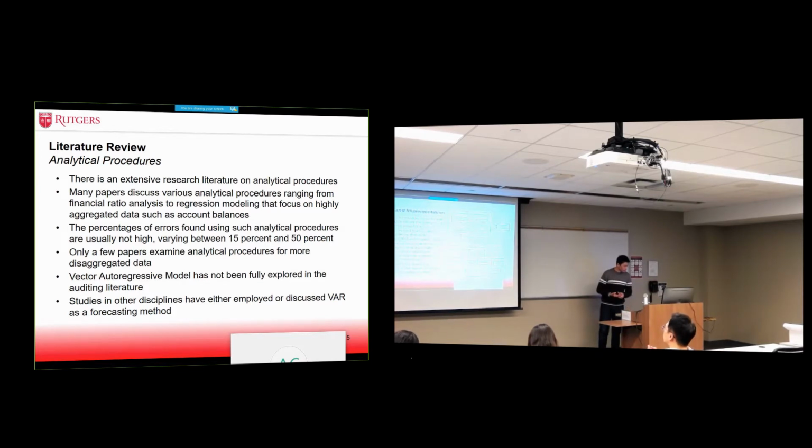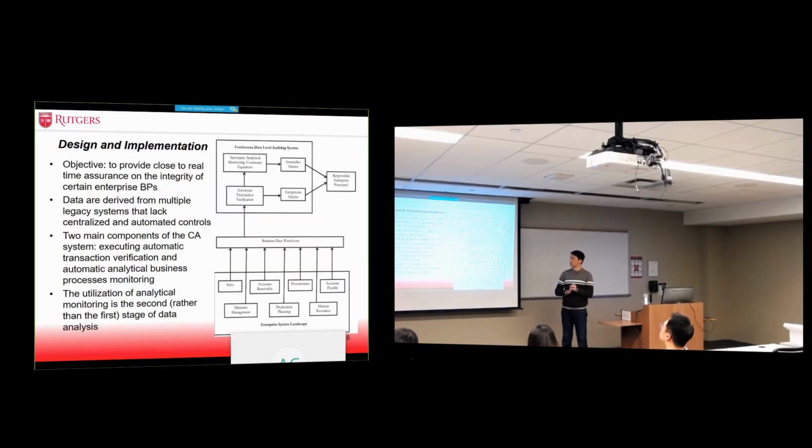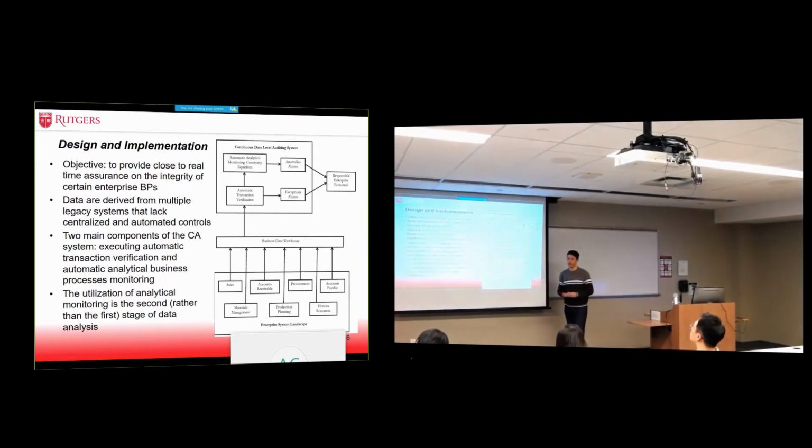So let's move to the design and implementation of the continuous data level auditing system. This is the business part of the procedures, and the upper part is the auditing part of the procedures. It mostly divides auditing procedures into two steps.